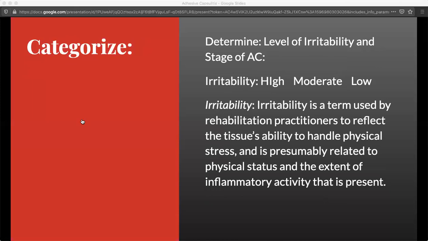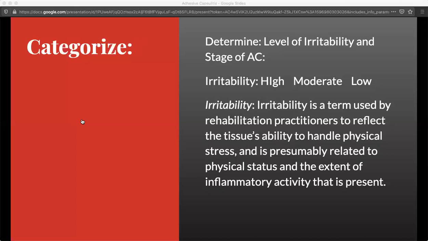All right, now comes another important criterion-based examination. You want to determine a patient's level of irritability. So how are your patients responding to any kind of movements? Irritability is a term used by rehabilitation practitioners to reflect the tissue's ability to handle physical stress, and it's related to the physical status and extent of inflammatory activity that is present.